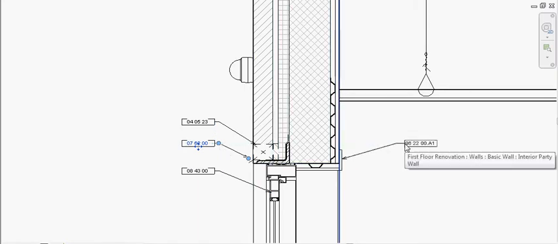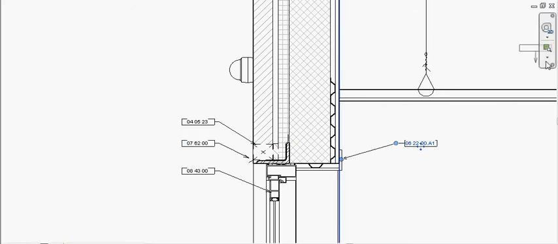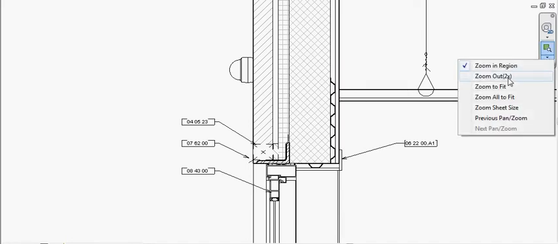So it makes it fairly easy to get your data together and start to design the building at hand, coordinating everything with your engineers and your subs.